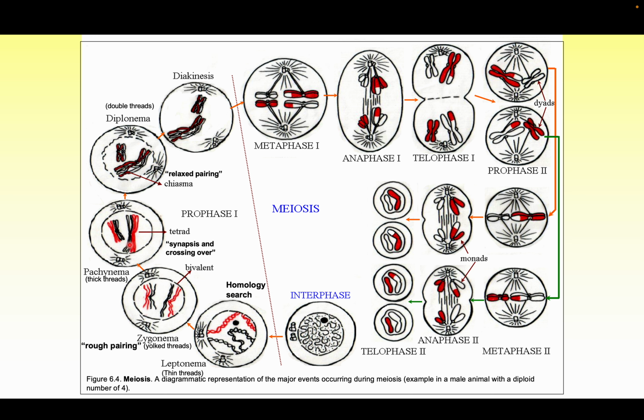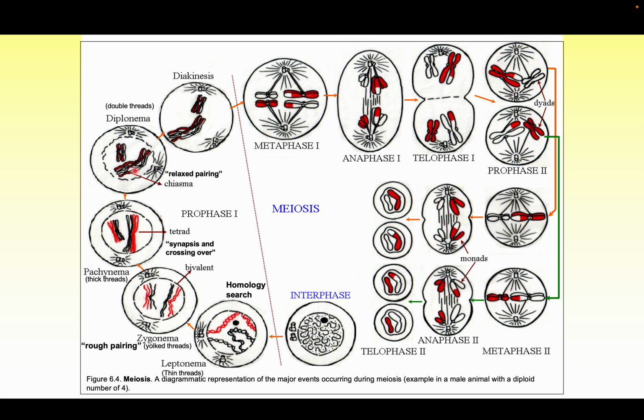Okay. Next, during the diplonema stage, you expect the threads of the homologous pairs of chromosomes to be more visually appreciable. The exchange of genetic material, the crossing over event, already took place, and those bridges, particularly the synaptonemal complexes, will disappear.